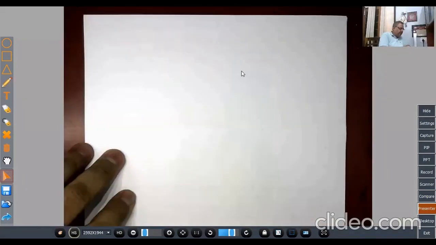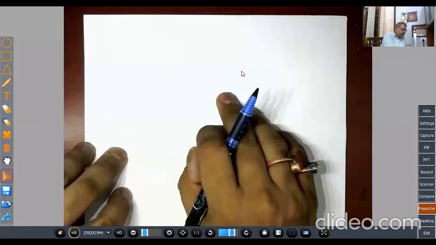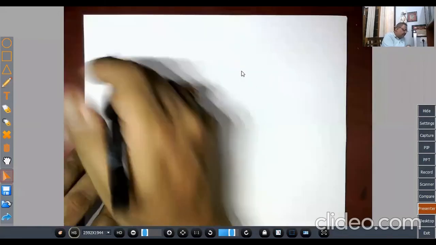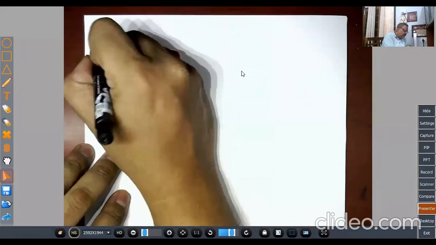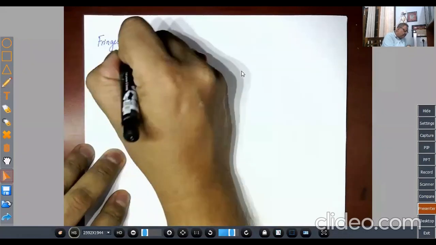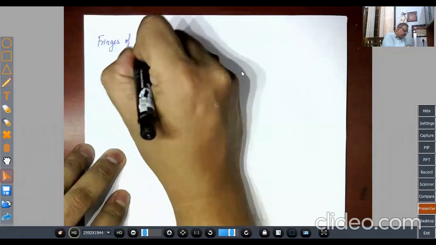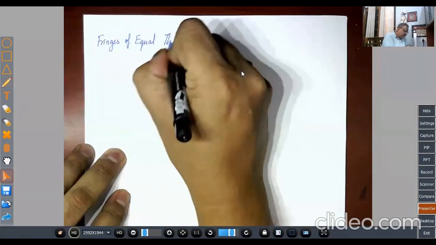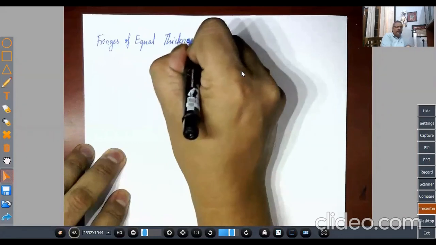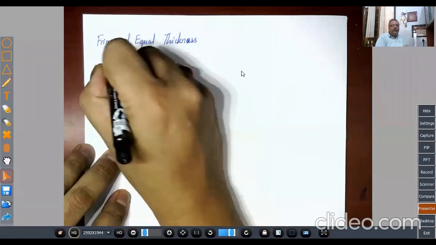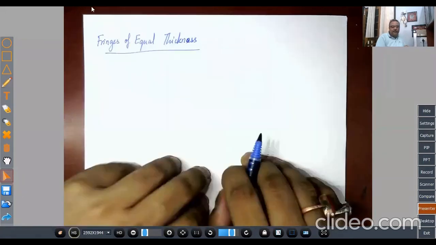So today we will start with the topic. Our next topic is fringes of equal thickness.